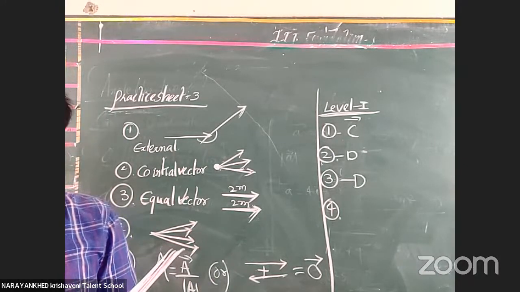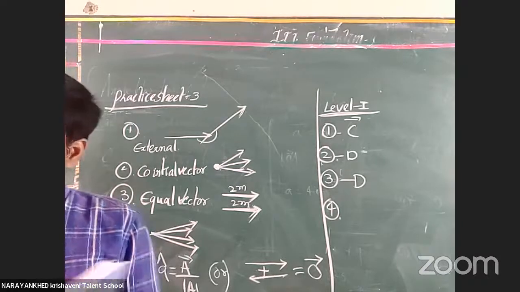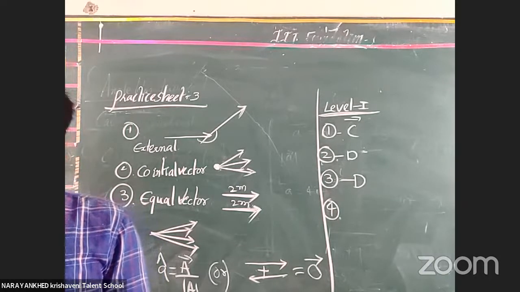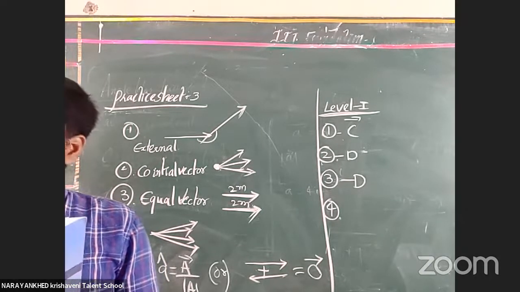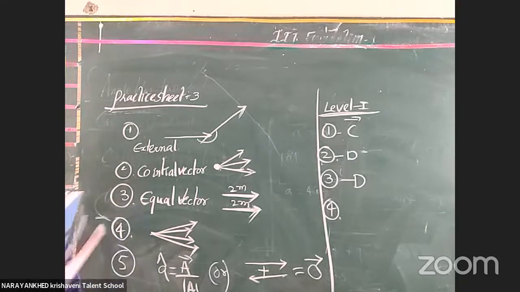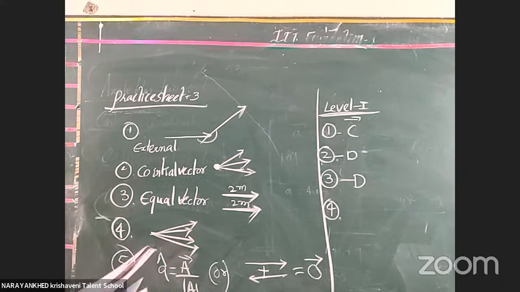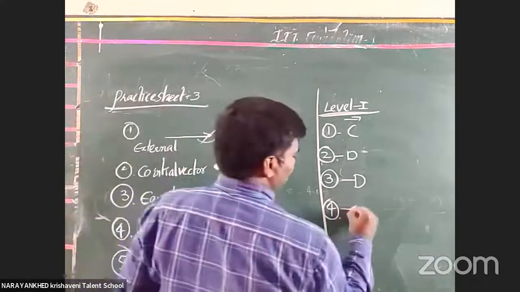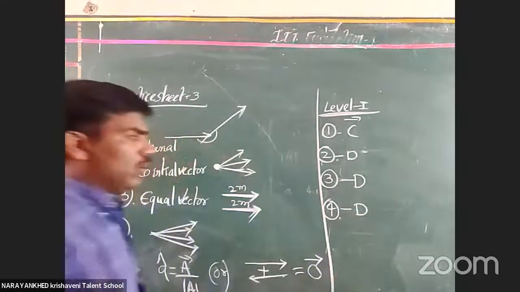When they have the same magnitude and direction, they become equal vectors. Clear or not? That is D. The fourth answer is again D only.